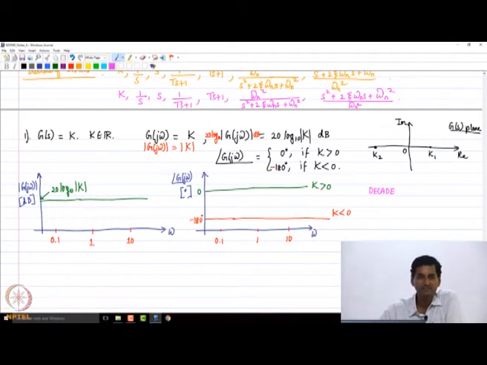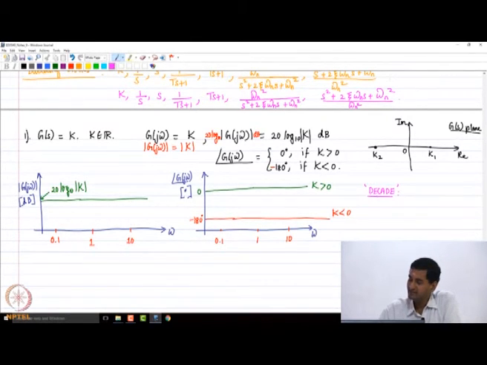By convention, we plot or mark frequencies which are a decade apart, right? What is a decade of frequency? A decade essentially means that you are at a particular frequency, you are considering a range from that frequency to either 10 times that frequency or 0.1 times that frequency.